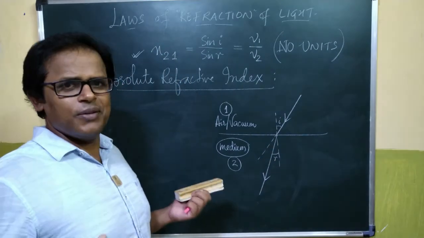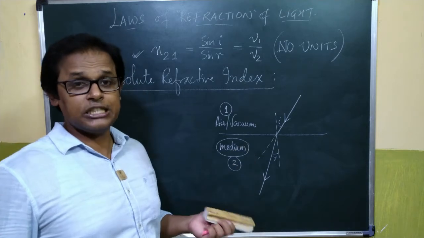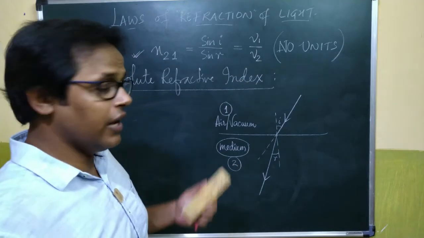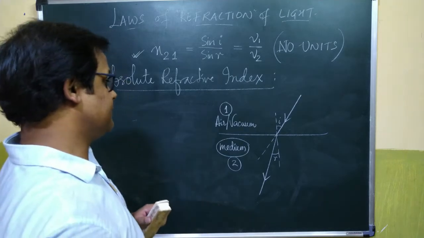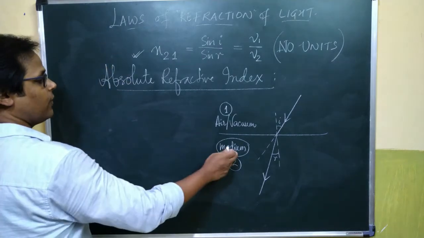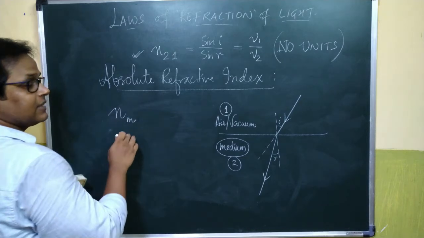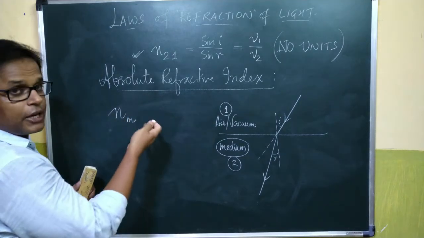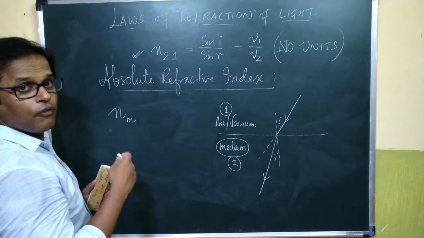There is no other better medium than vacuum or air to be called the ultimate transparent medium. So any other medium will automatically be optically denser. So if I want to find the refractive index of this medium, I just neglect to write with respect to air or vacuum. It is automatically understood that the other medium is air or vacuum.